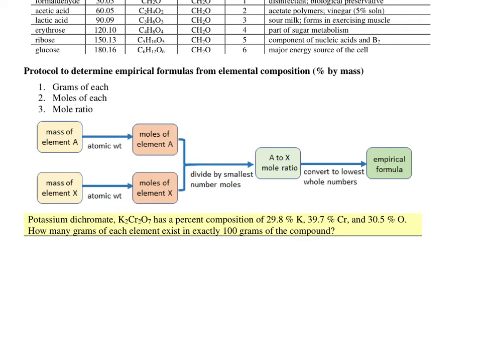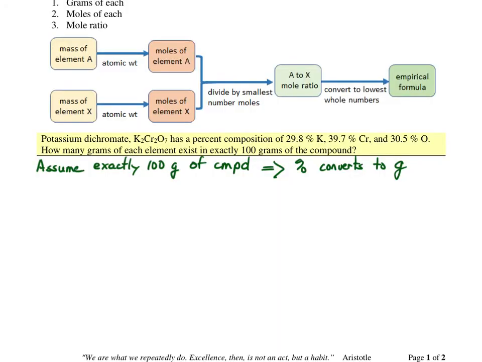Let's go through an example. In this problem, we're given the percent by mass of 3 different elements, and we want to calculate the empirical formula. Starting point, we assume we have 100 grams of the compound, and that immediately converts from percent of each element to grams of each element.